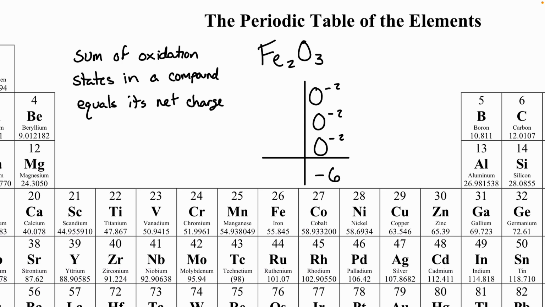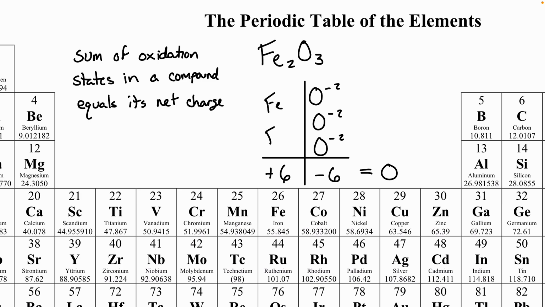Fe2O3, what's the net charge? 0, right? If there was a net charge, it'd be written up here in that top right corner. But there's no charge written there, so I know that it's neutral. So my oxidation states have to sum to 0. So then how much positive charge do I have in this compound? +6, right? Because it's got to sum up to 0.